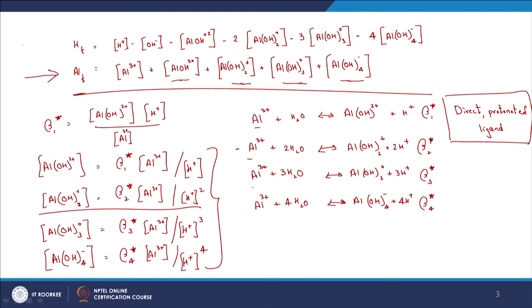So again similarly we can do so here, and then you will end up with 2 equations and 2 unknowns. One would be H+, one would be Al3+, and you can then solve for H+ and Al3+, and once you have that you can obviously calculate the concentrations of the different species at equilibrium, right. So that's one way to go about that.